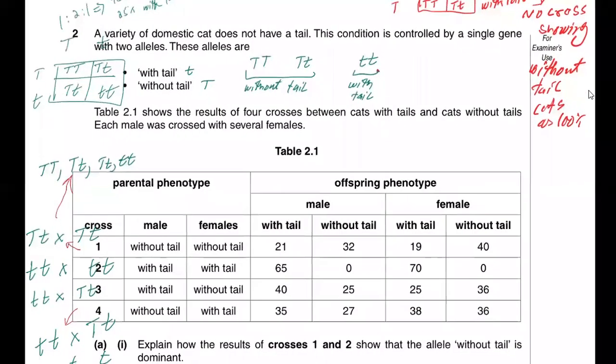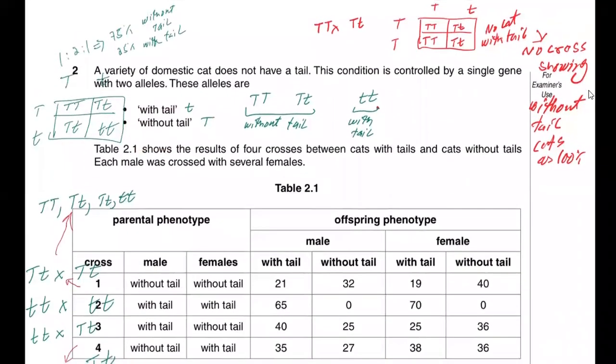How do we know that without tail might be dominant? The first cross shows we had two cats, both without tail, and when you cross them you get four phenotypes. If either of the parents was homozygous dominant, or one was homozygous and the other heterozygous, we would have received all cats having the capital T allele, which is for without tail.